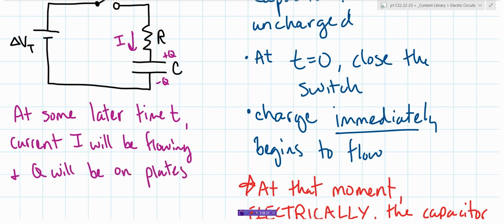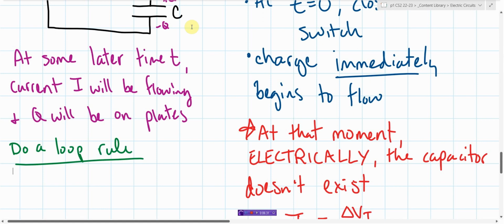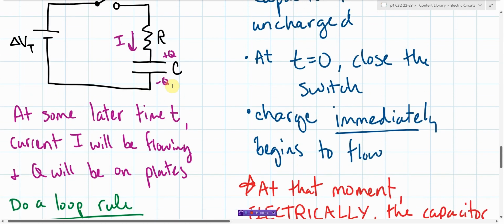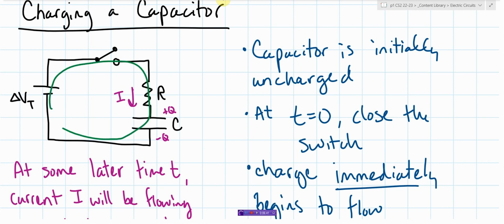Just like we did on the last video, we're going to do a loop rule. Remember that switch is closed now. I don't want to draw it closed because then people looking at these notes later will wonder what is happening.